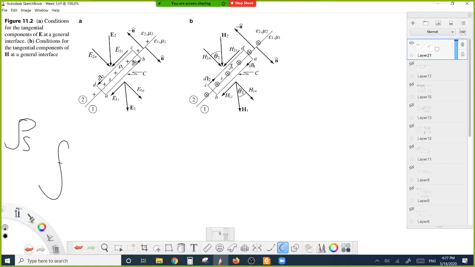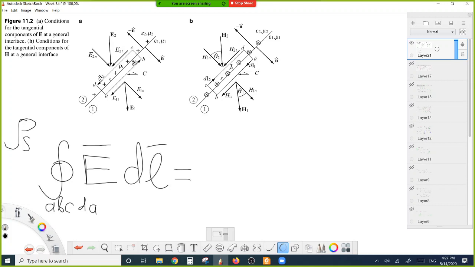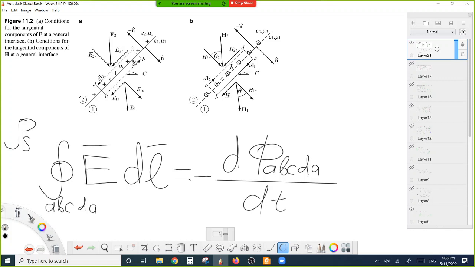So the integral over the closed path, in this case the closed path is from A to B, C, D, and A, so the closed path is A, B, C, D, A, of E dl equals minus the change of magnetic flux in the surface ABCDA over time, which is equal to 0.